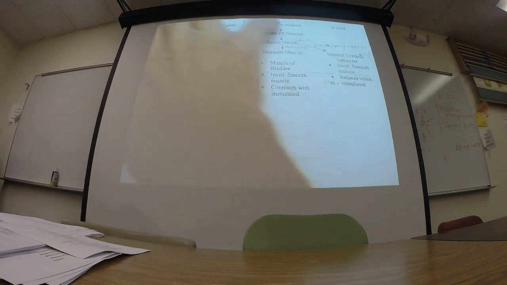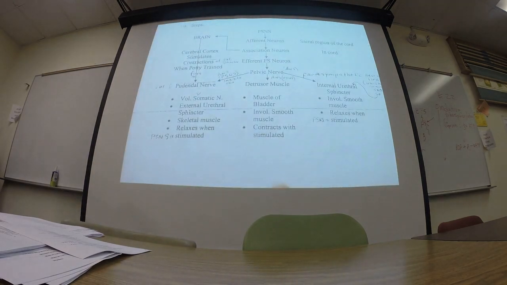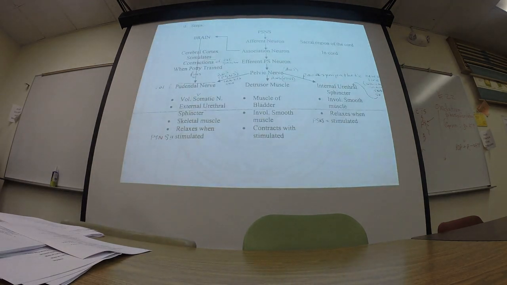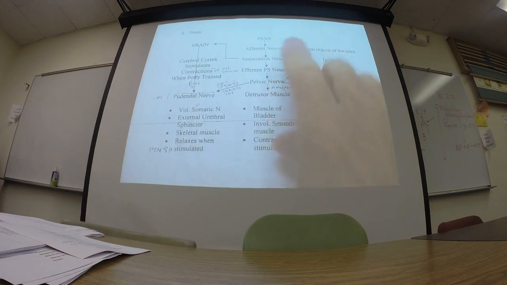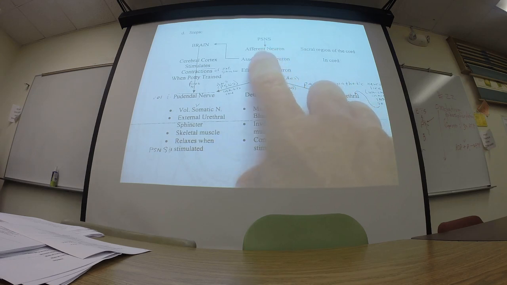So to remind you, if we're not potty trained or we're allowing urination to occur, it is a parasympathetic nervous system reflex. So a nerve is arriving at the spinal region of your vertebral column. That's an afferent neuron.